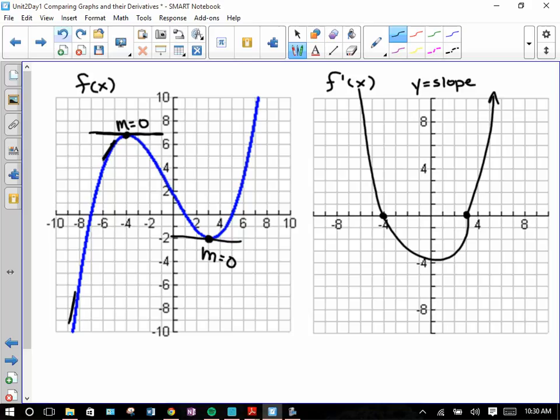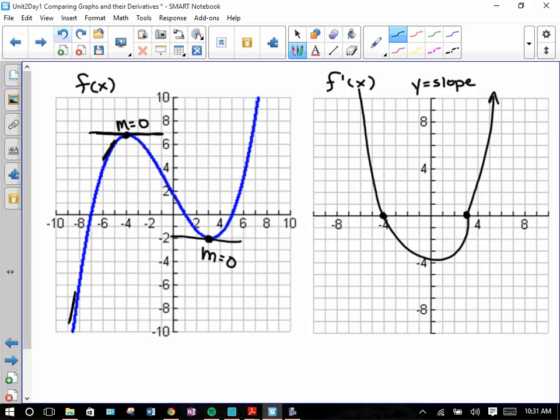Discussion. You can look at this and ask yourself: on my graph of my derivative, from negative infinity to negative 4, is my slope value positive? Yes. Is my slope value at negative 4 on my derivative graph 0? Yes, it is, right there.